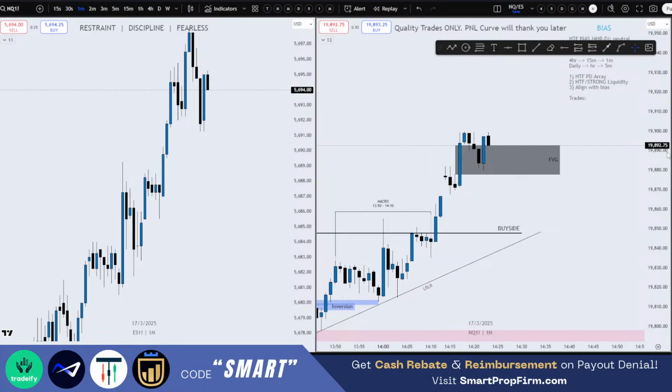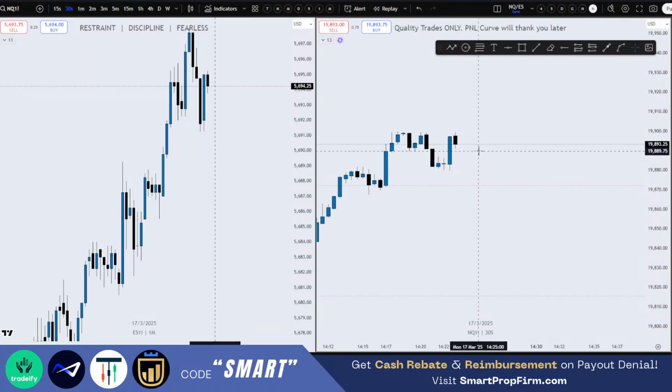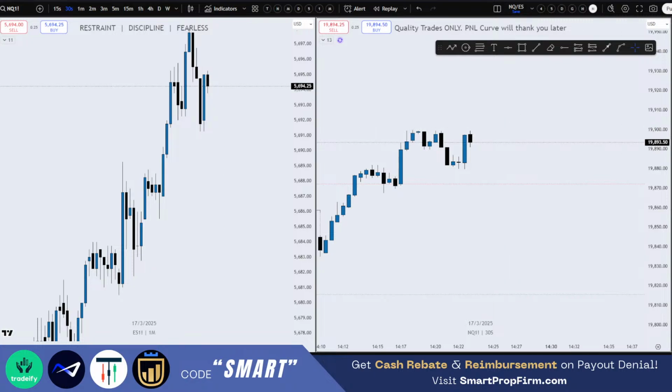I think they try to hold here. Let's see. I want to see this hold, push 900s. Can we get that, chat?